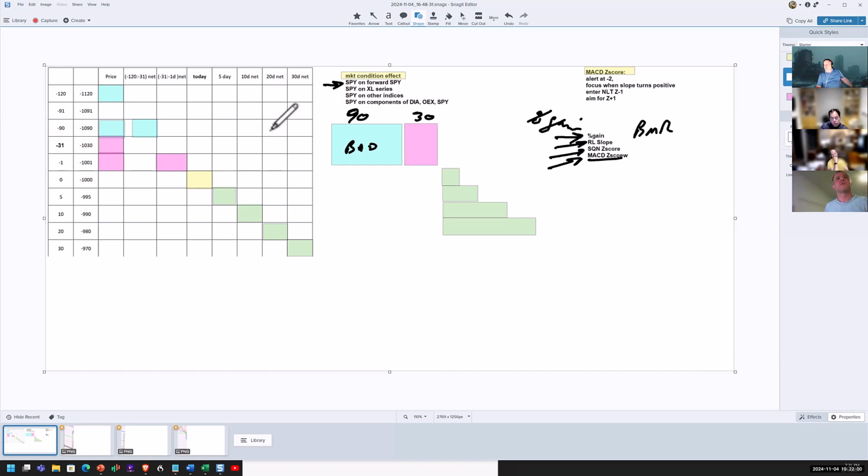So if I went back 120 days and found the price 120 days ago, and then the price 31 days ago, that would be 90 days. And what I would want to know is the percentage loss from 120 days to 31 days ago. So hopefully that's like minus 20%.